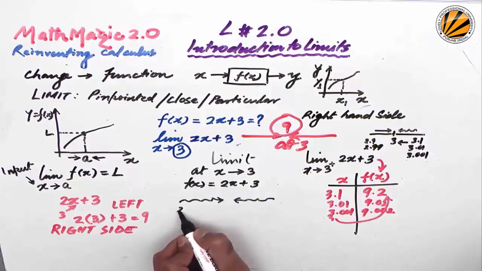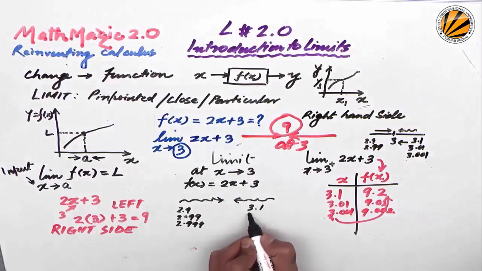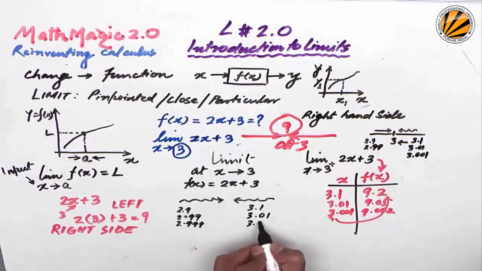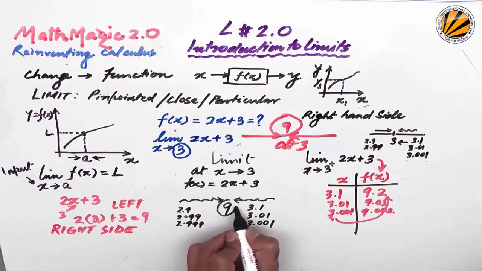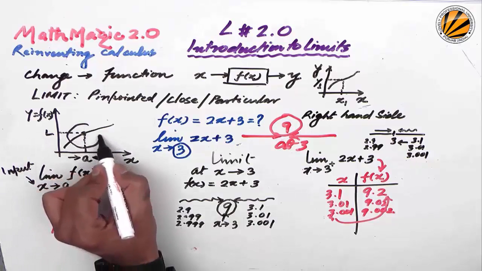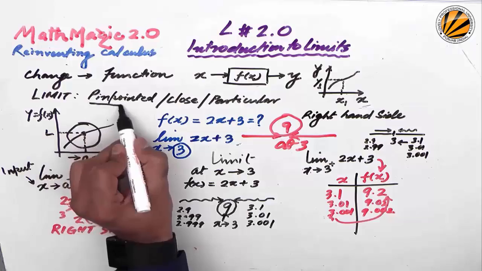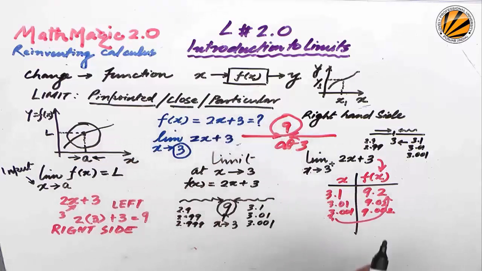From the left hand side we talked about 2.9, 2.99, 2.999 and so on. From the right hand side we are approaching 3.1, 3.01, 3.001, and from both the left hand side and the right hand side, for the input approaching 3, the output is approaching 9. This is where the limit comes into the picture. We are actually looking at a pinpointed point, or very close to a particular input, for a function.